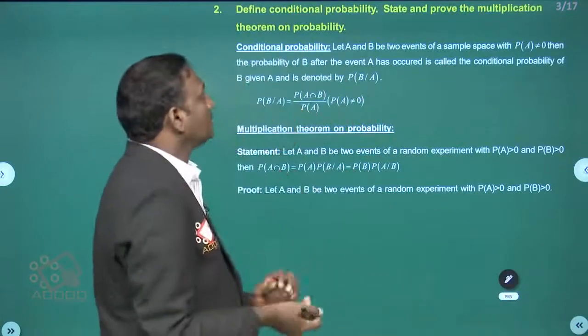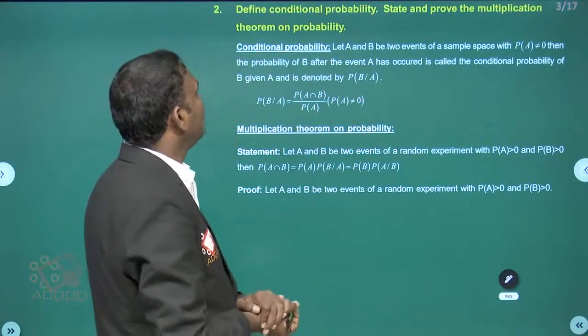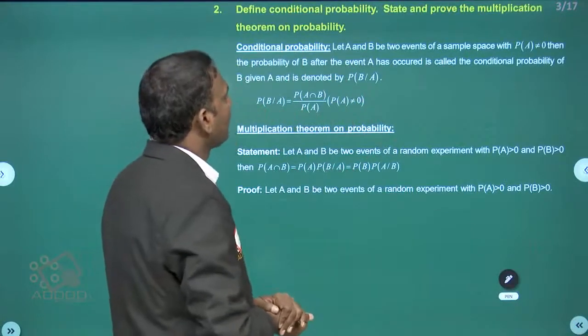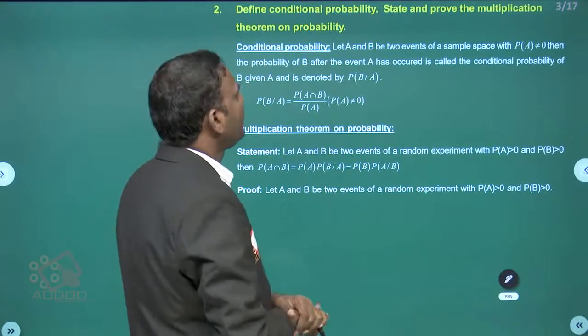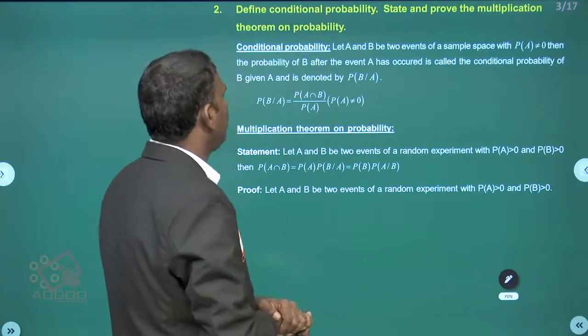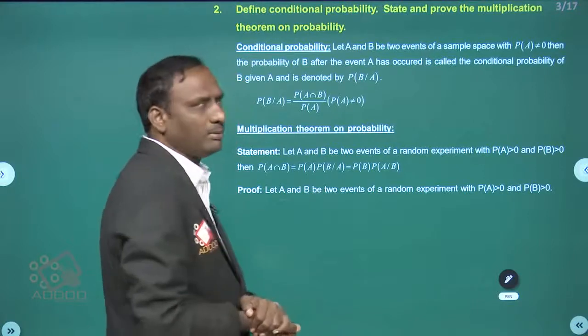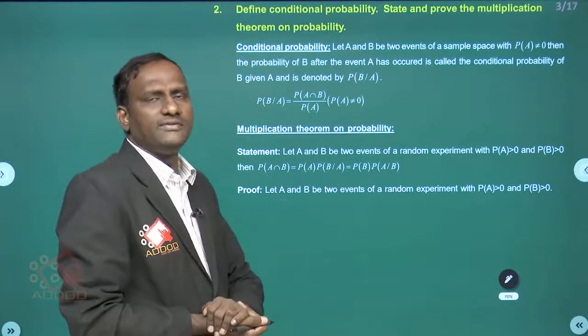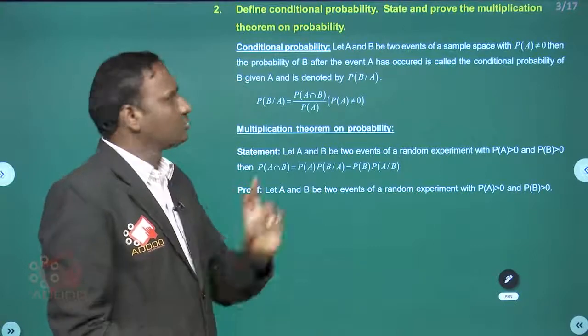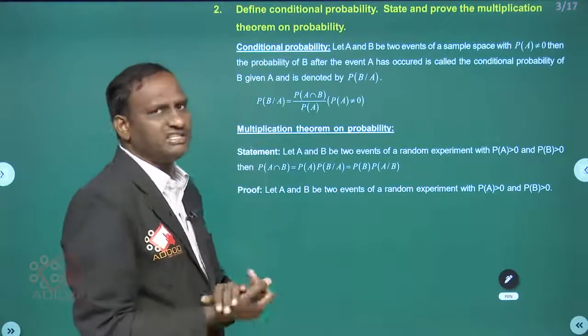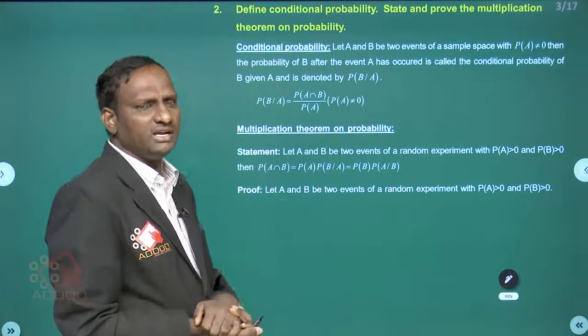Here the question is: define conditional probability, and state and prove the multiplication theorem on probability. This is the definition cum theorem. So in this we need to take conditional probability. What do you mean by conditional probability?